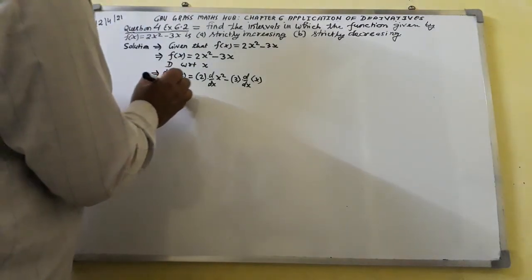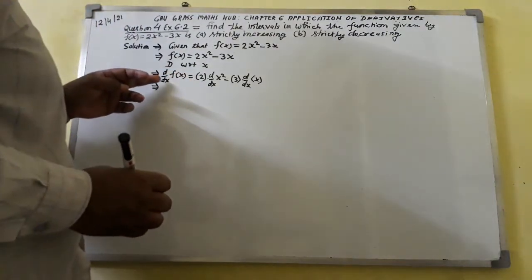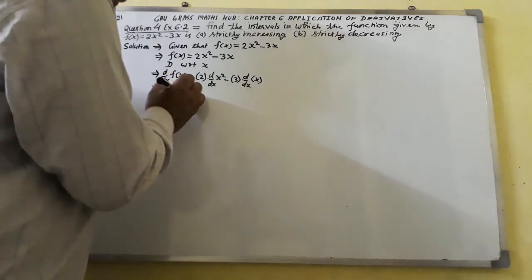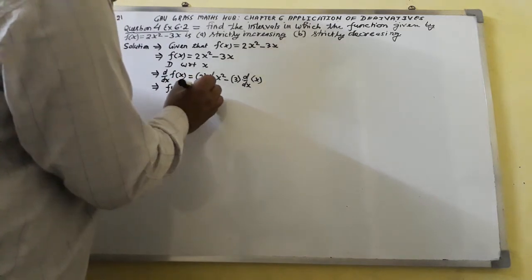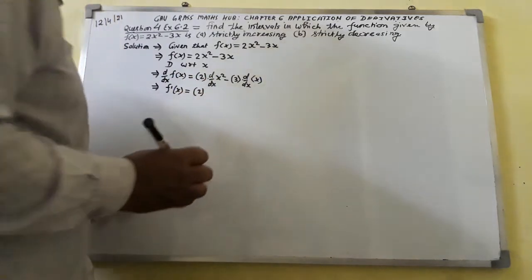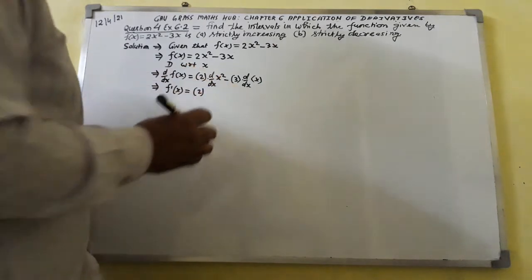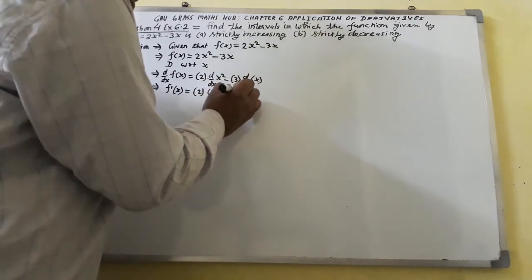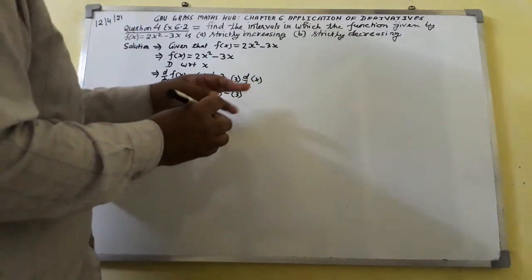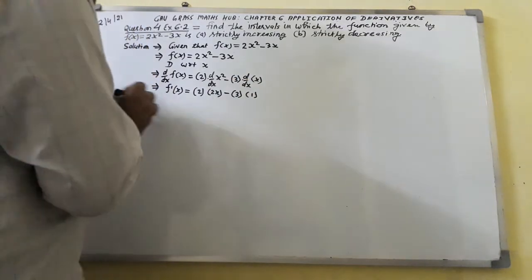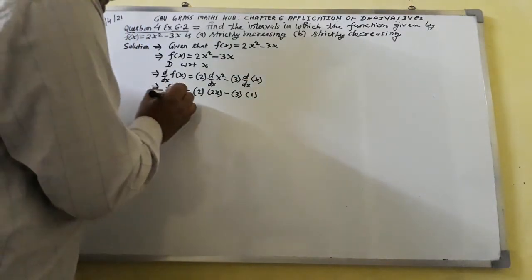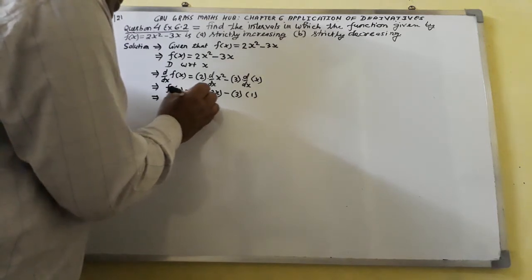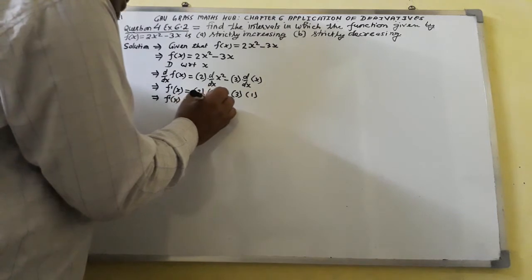Again, d over dx of f of x is f dash x equal to 2 times d over dx of x square, which is 2x, minus 3 times d over dx of x, which is 1. This implies f dash of x equal to 4x minus 3.